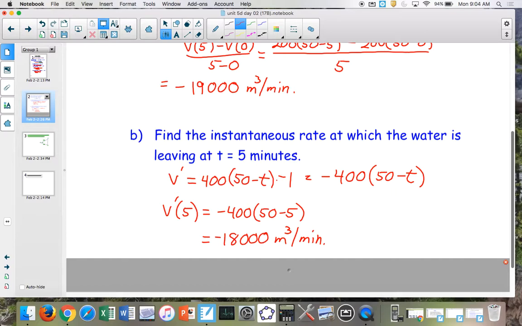And we get negative 18,000 cubic meters per minute. So the average in the first 5 minutes was we were losing 19,000 cubic meters per minute. But at 5 minutes, you can see that that is slower than the average rate over the first 5 minutes.